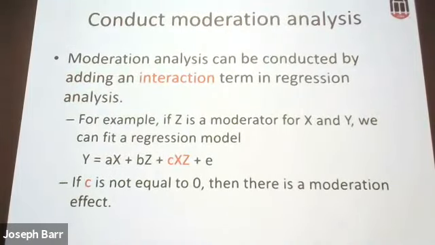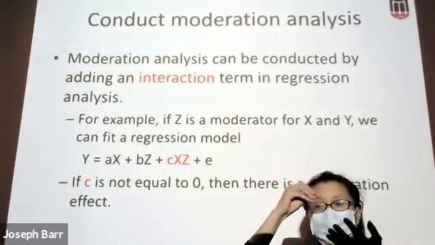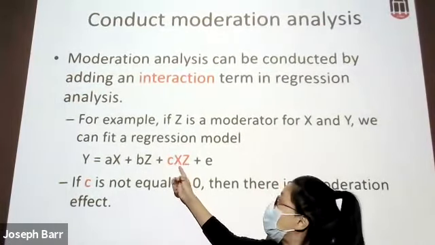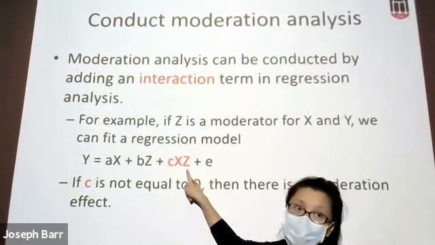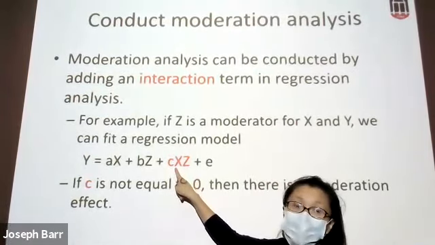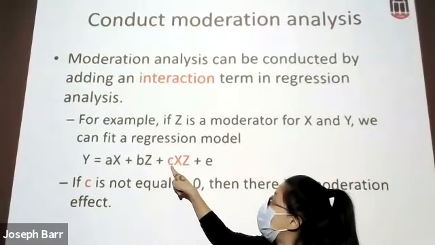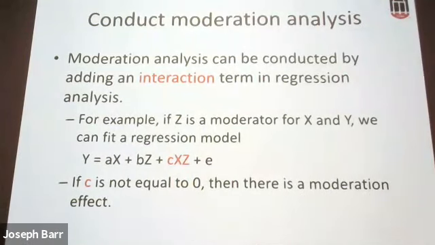Think about the inference of Z on the coefficients. Actually, we are going to look at the interaction term of the original independent variable and the moderator. That's it. This is the key point. If the interaction term is significant, the coefficient is significant, then we can say that there is a moderation effect.